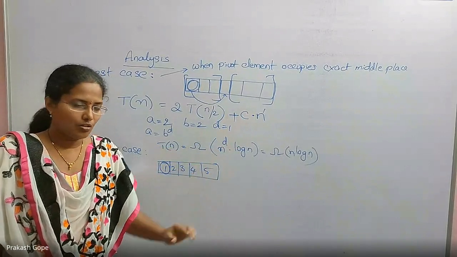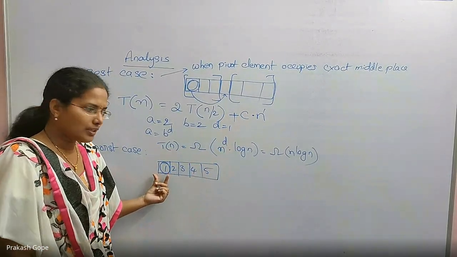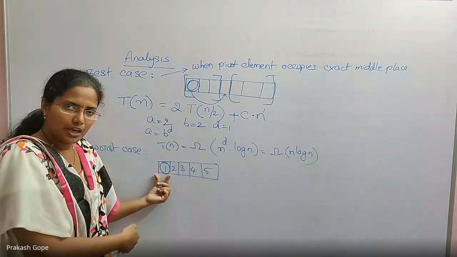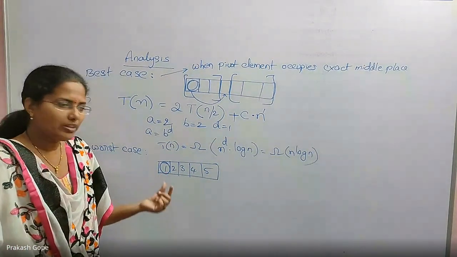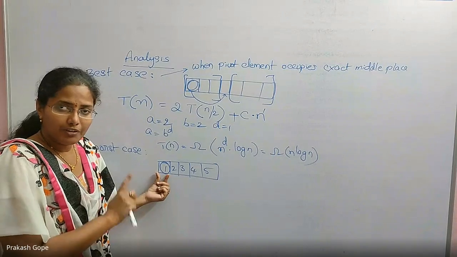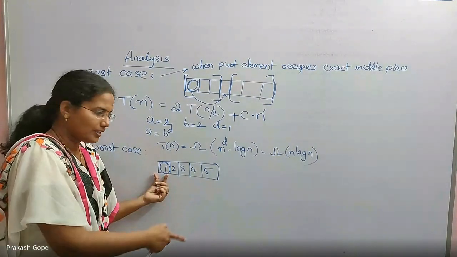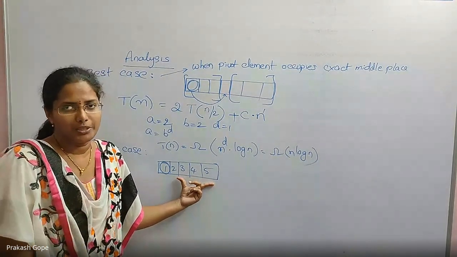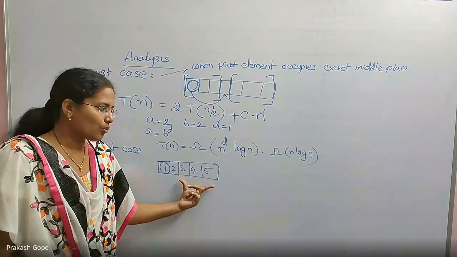But after completion of that, the pivot element will occupy the extreme place, right? After comparing with all the elements, it will sit here itself. By dividing the whole array into two parts, one part has 0 elements, the other part has n minus 1 elements. So you will run quicksort on this part.